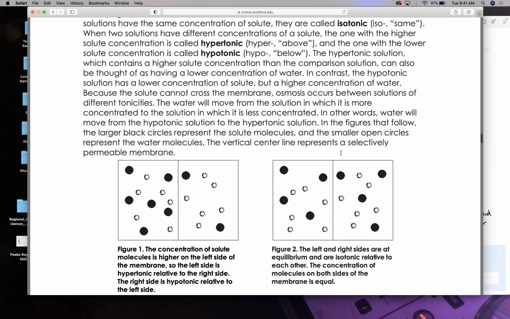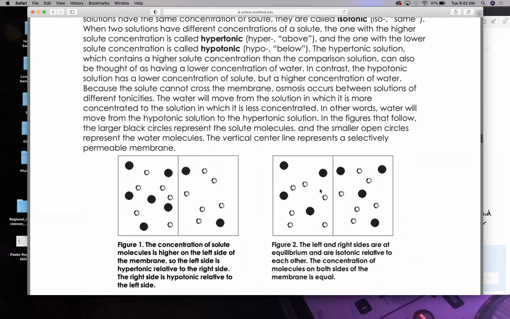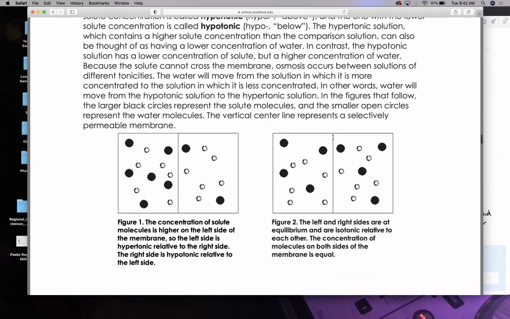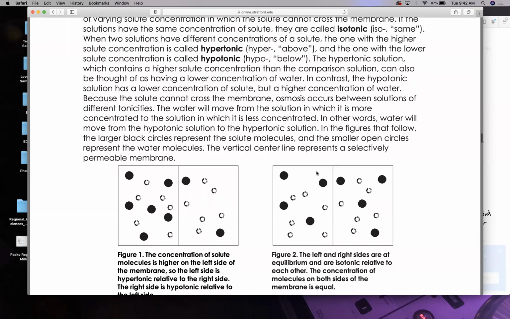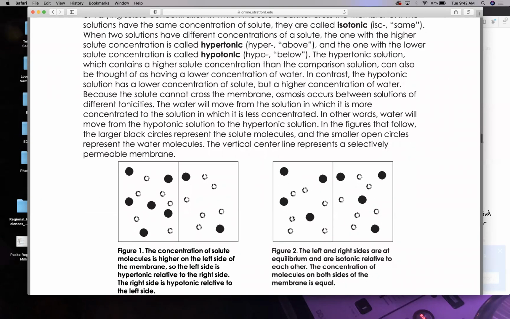That means the two, you can pretend that this is a semi-permeable membrane and there's two cells in communication with each other. If you look at an isotonic solution, let's say these little white dots are water, and let's say these black dots are salt.